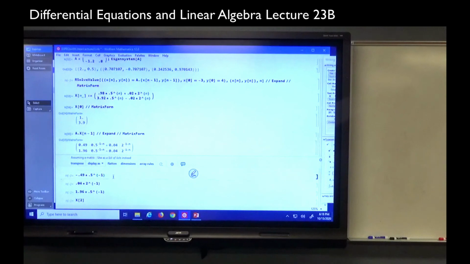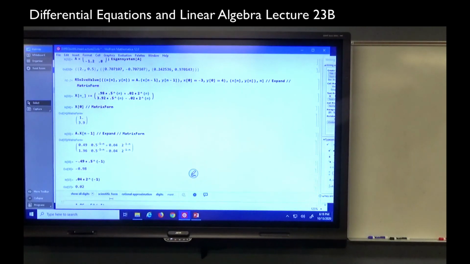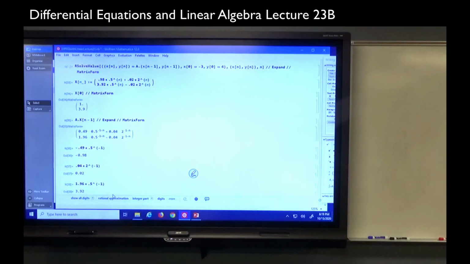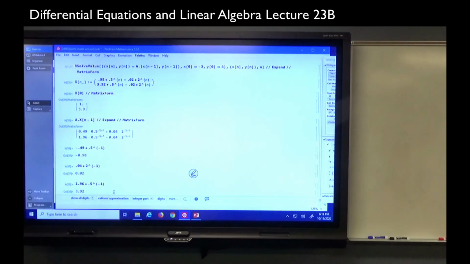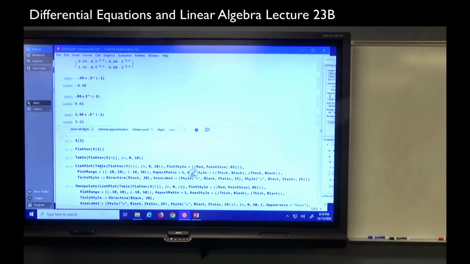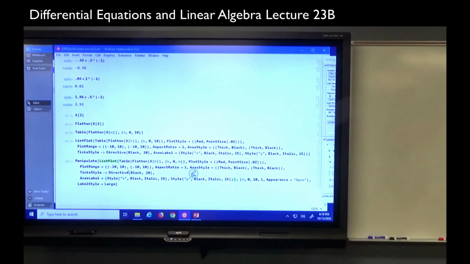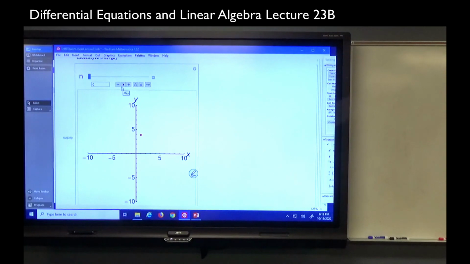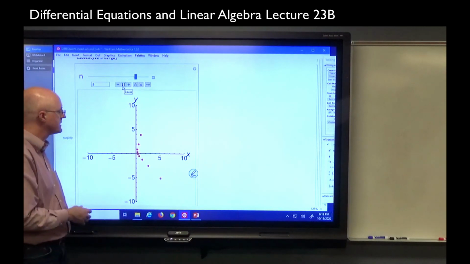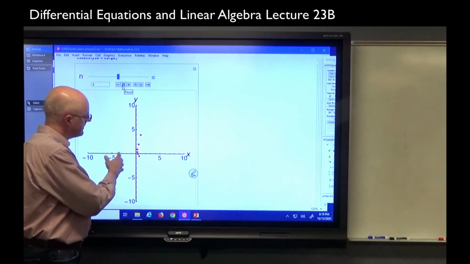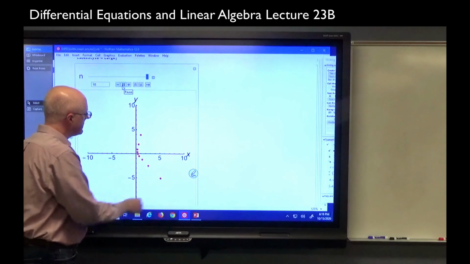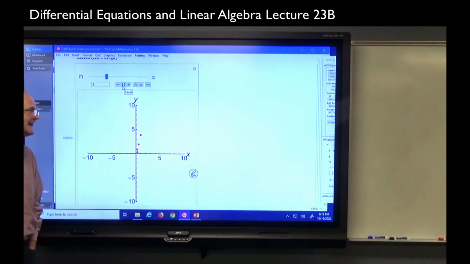Once again, I can check with these calculations that my x n really does solve the difference equation. A times x n minus 1 here really is the same as x n. Finally, here's the graph as an animation for this one. Points head toward the origin at first, but then the exponential growth takes over. Once they get close to the origin, you get close to that line, and they head along that line as n increases.